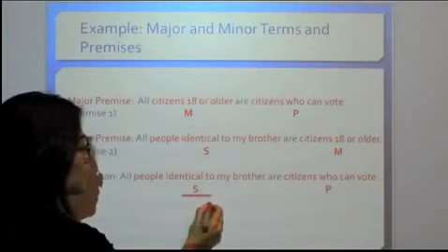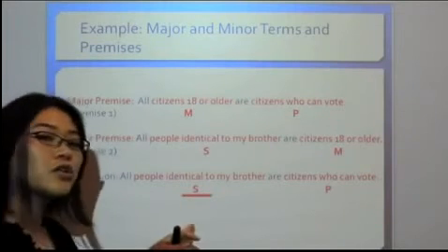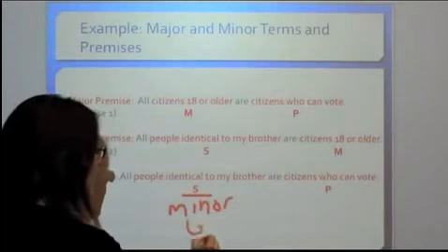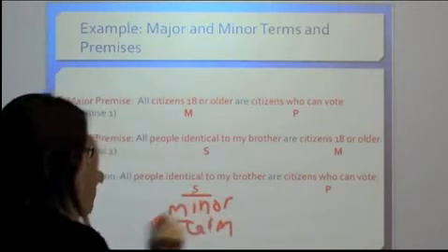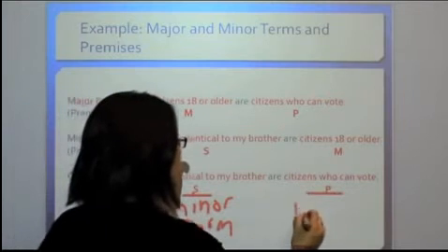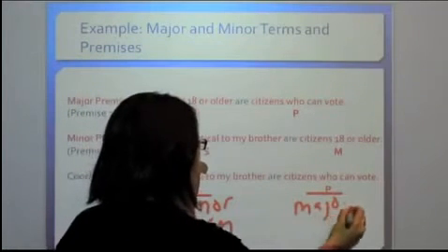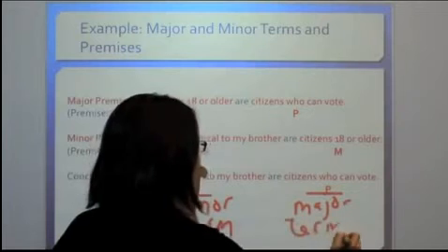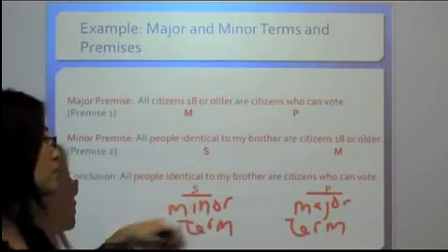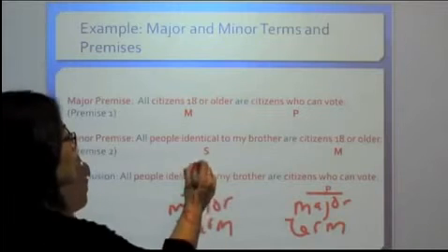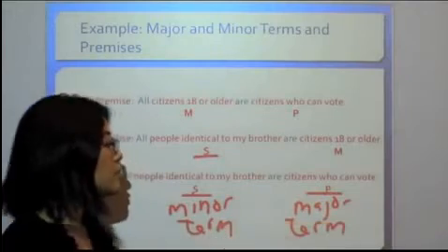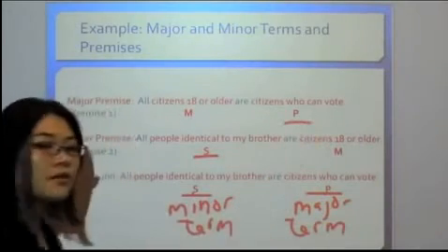So the subject term of the conclusion is going to be the minor term of the argument, okay, and the predicate term of the conclusion will be the major term of the argument, okay? And so we see that the subject term of the conclusion, which is the minor term, occurs here, and the predicate term of the conclusion, which is the major term, occurs here, okay?